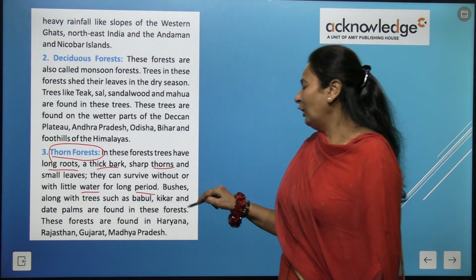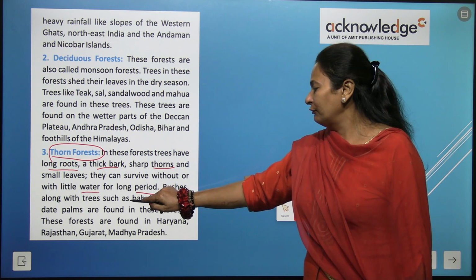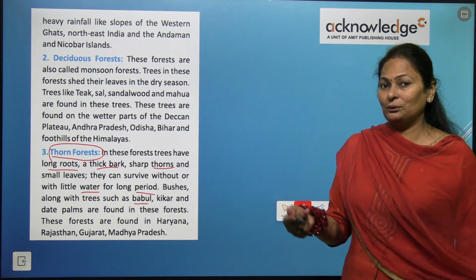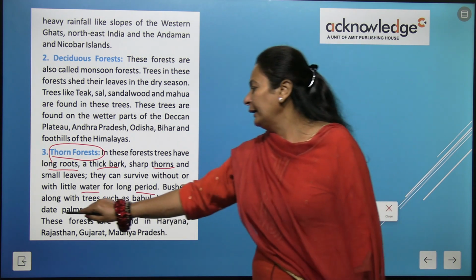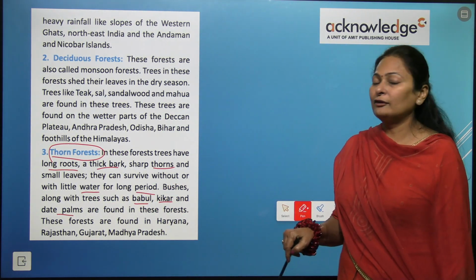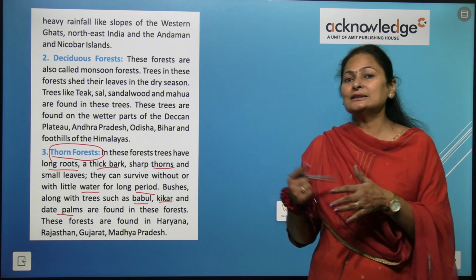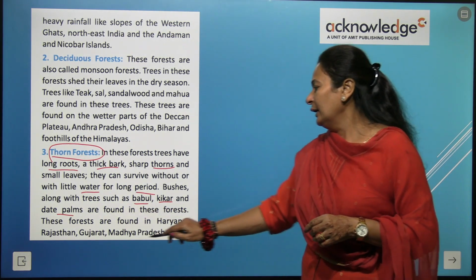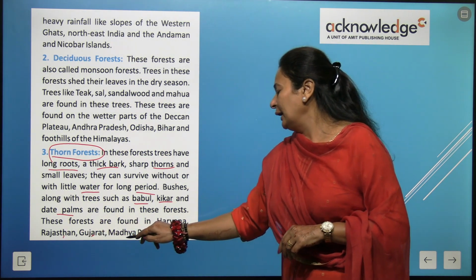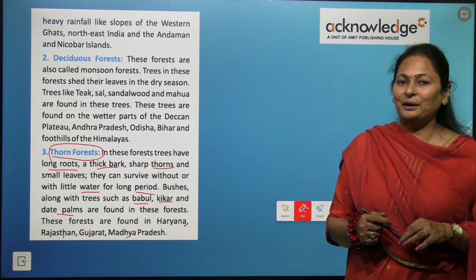Examples of the trees that grow in the thorn forest are babool, kikar and date palm. These forests are found in Haryana, Rajasthan, Gujarat and Madhya Pradesh.